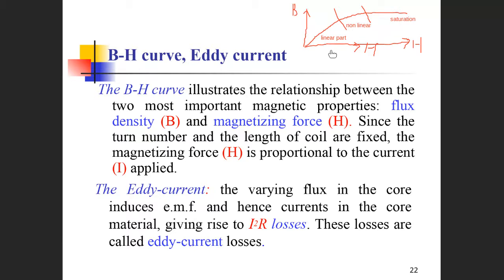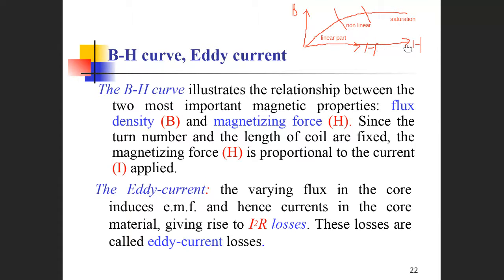If you do experiments for different raw materials, you can obtain BH curves like this. So that's the meaning of this. Because H is usually proportional to the current, you apply a small current, you have a small H, and the B increases linearly with the H. So we have a linear part. And then as the H increases, the B no longer increases linearly. There is a nonlinear part.